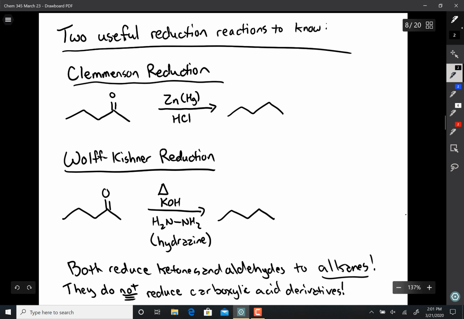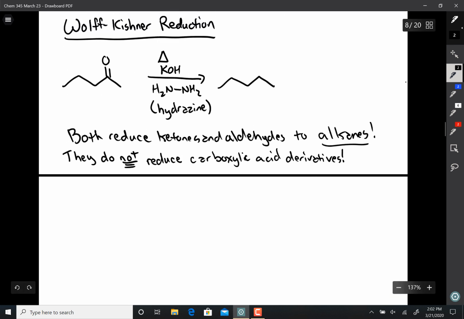Okay, now the wording there is very specific. These two reactions reduce ketones and aldehydes to alkanes, but they do not reduce carboxylic acid derivatives. That doesn't mean they do not react with carboxylic derivatives. They do not reduce carboxylic acid derivatives, such as, the Wolff-Kishner.